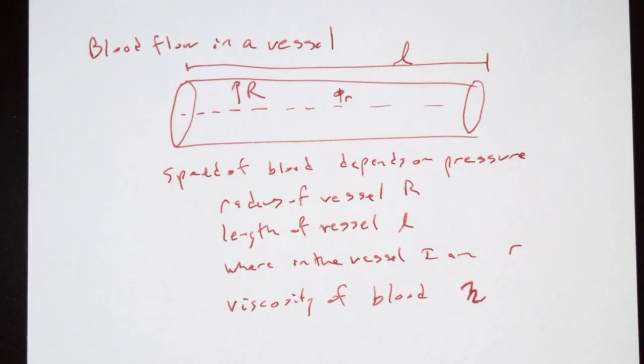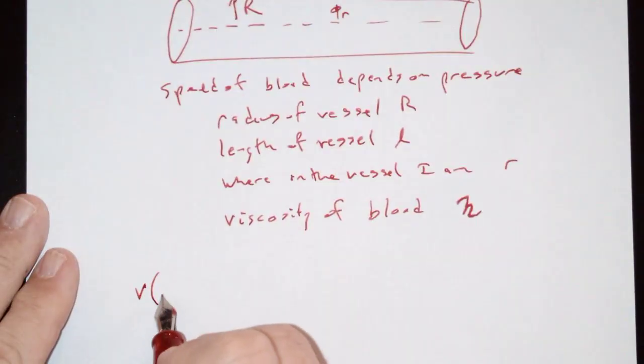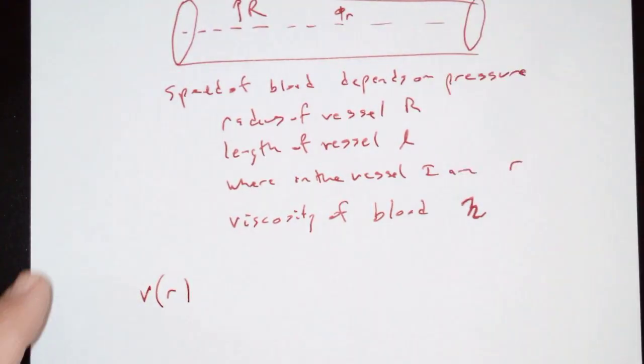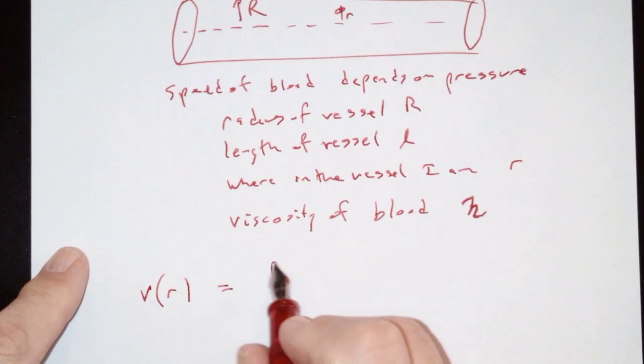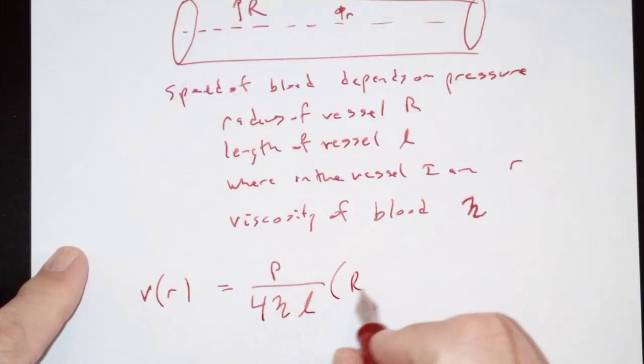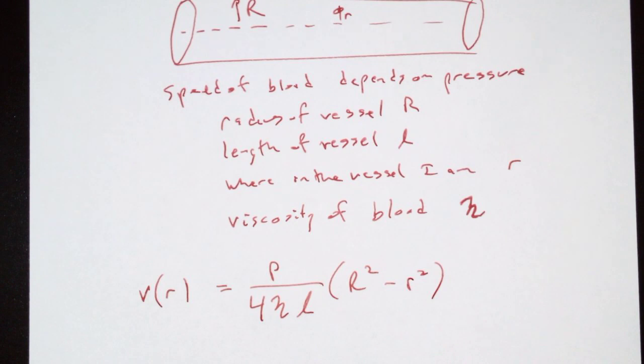There's a really interesting formula here. The velocity at R, where I am in the blood vessel, is given by this really crazy result discovered by Jean-Leonard Marie Poiseuille.